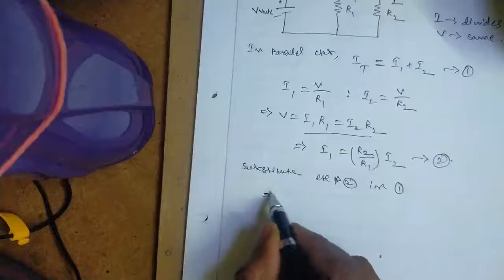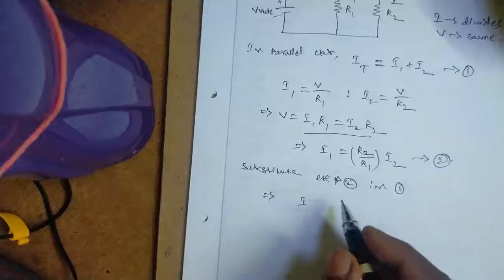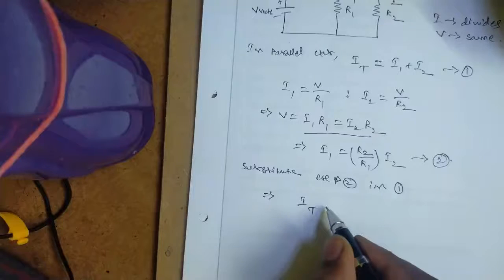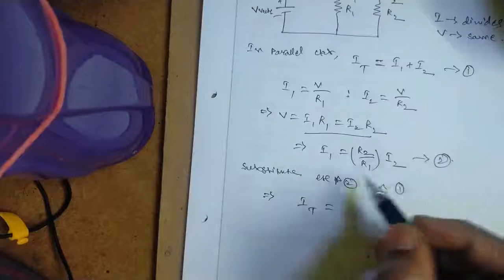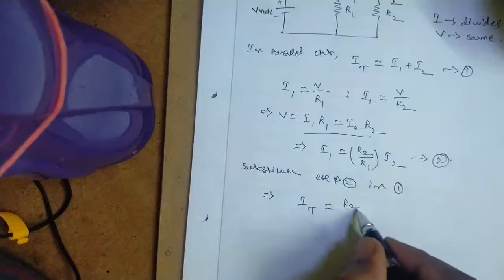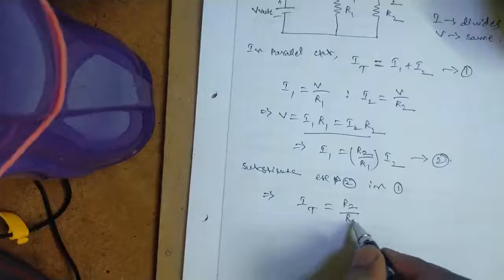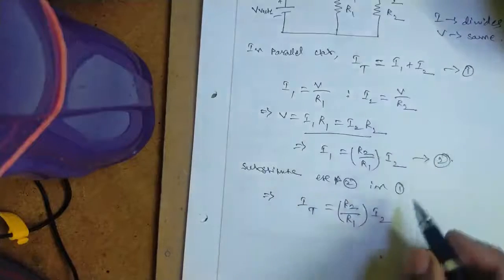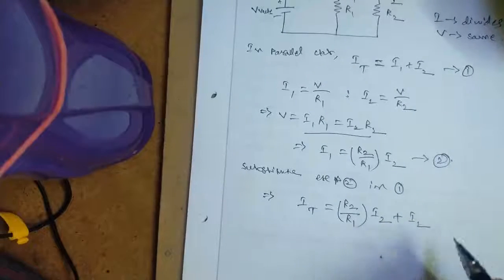We get IT is equal to, in place of I1 we write R2 by R1 into I2, plus we have I2.